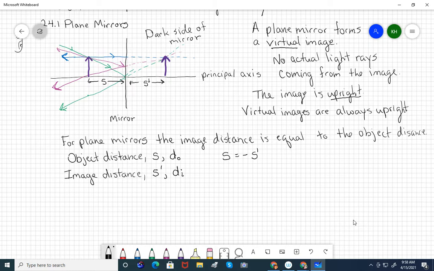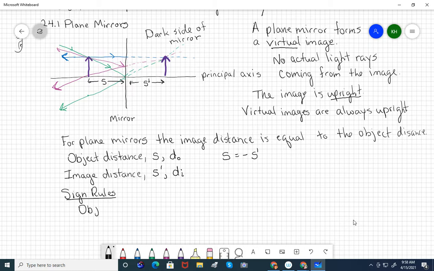So here's our sign rules. I'm only going to write it one way. You can assume the opposite will be true.